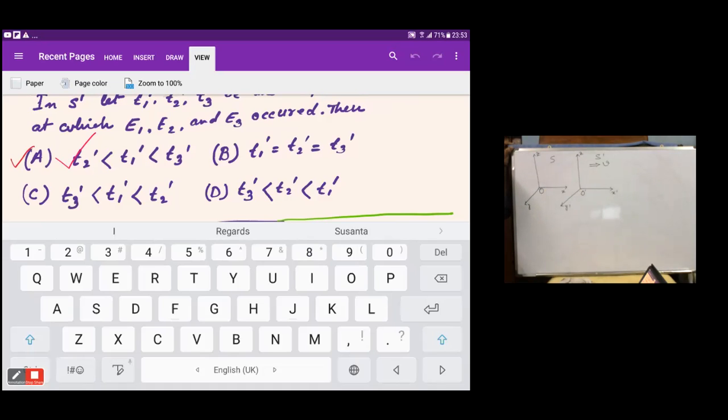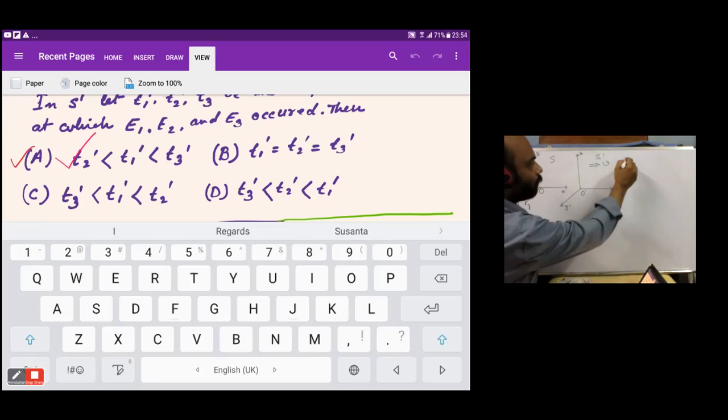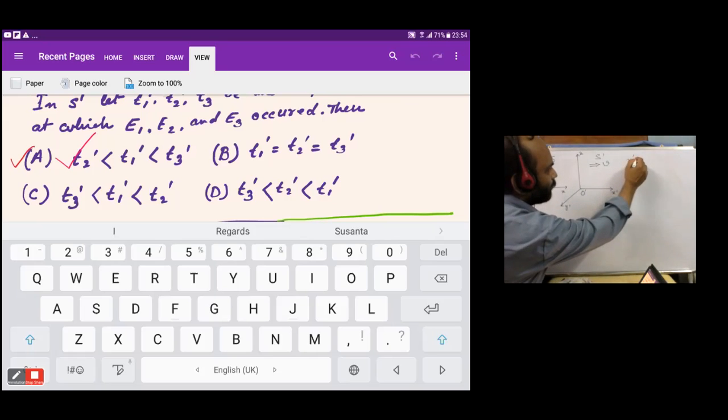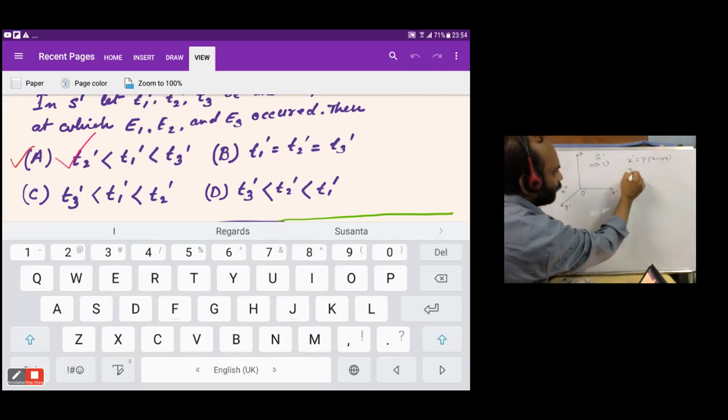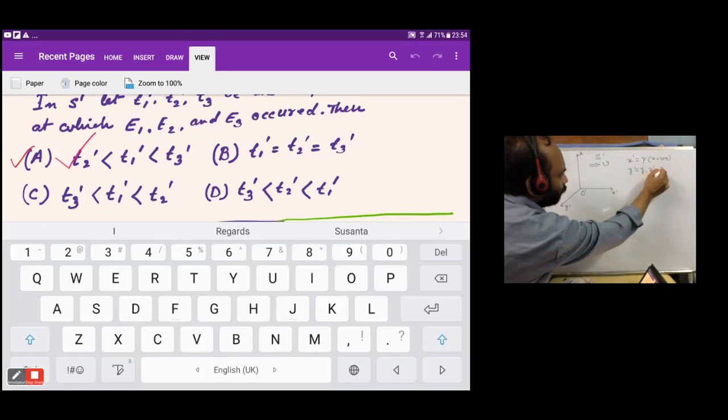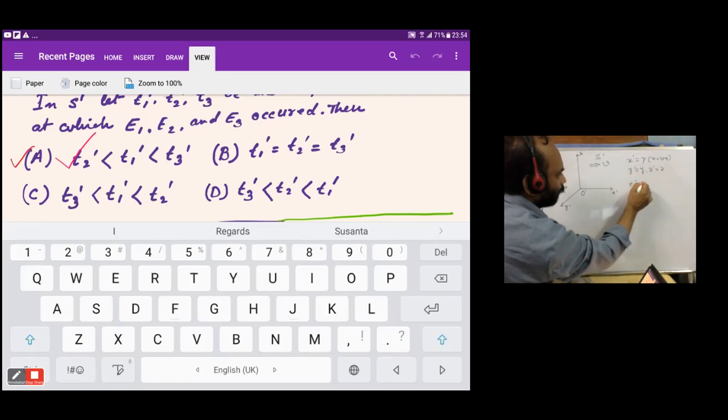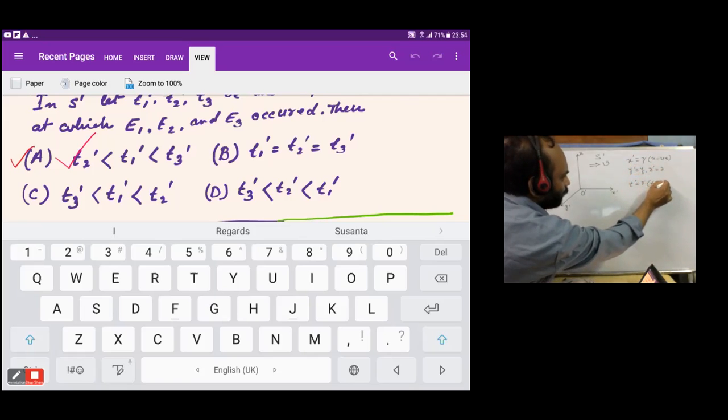Whenever you are going to solve a problem of a special theory of relativity, first thing you need to do is to write down the Lorentz transformation relations, which are X dash equal to gamma (X minus Vt), Y dash equal to Y, Z dash equal to Z, and T dash equal to gamma (T minus Vx by C square).